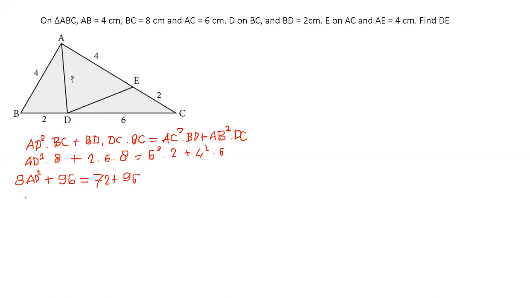So 8 AD squared equals 72, because 96 minus 96 cancels. AD squared equals 72 divided by 8, which is 9, so AD equals the square root of 9. So AD equals 3.